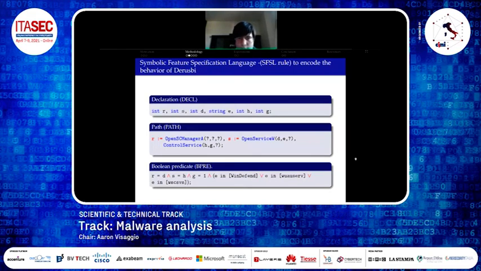S is the return value of OpenServiceW, a pointer to a service, and H is also a pointer to the service, which is the first argument of the ControlService API. So both are invoked on the same service. E is the name of the service itself. It could be Windows Defender, Windows Update Service, or any other security service. And G is the control code sent by the ControlService API.